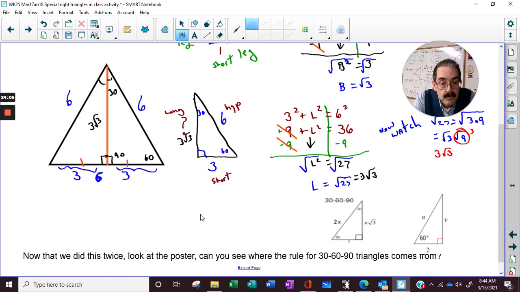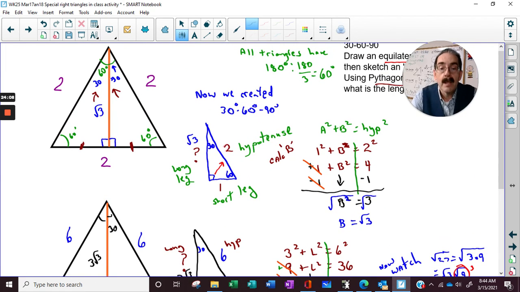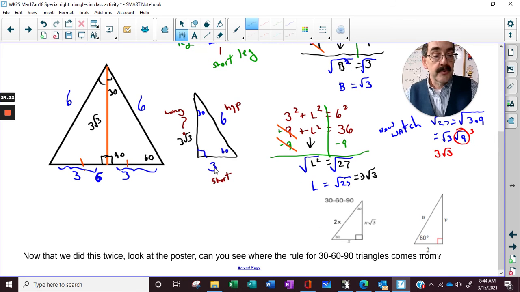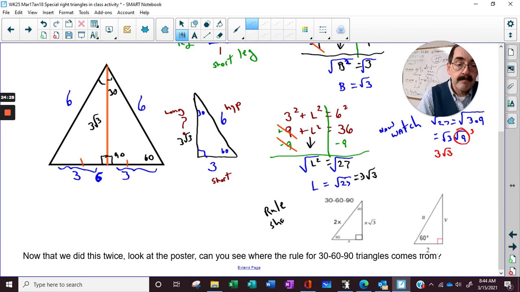Can you see the rule? Okay? 1 became a 2. 1 became 1 radical 3. 3 became a 6. 3 became 3 radical 3. Here's the rule. Here's the shortcut.